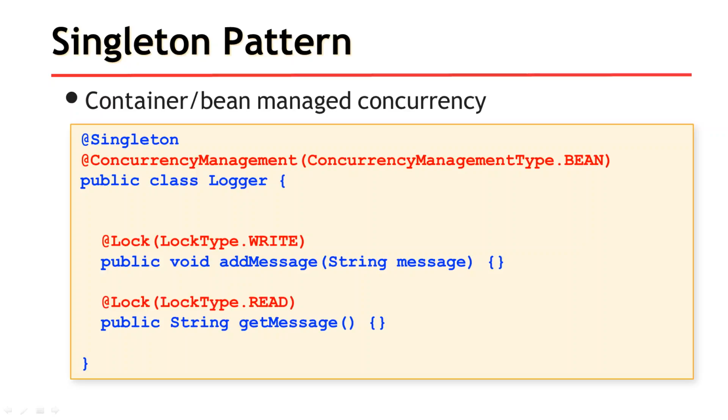In this code snippet, a call to the getMessage method will be forced to wait until the addMessage method completes. This may result in a ConcurrentAccessTimeoutException if the addMessage method does not complete within a specified time period. Now the time period can be configured with an annotation either at the class level or at the method level.